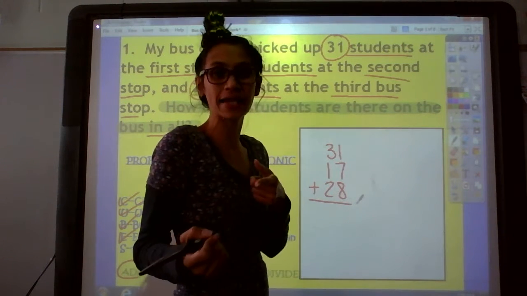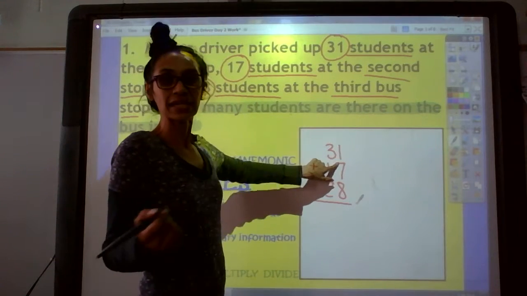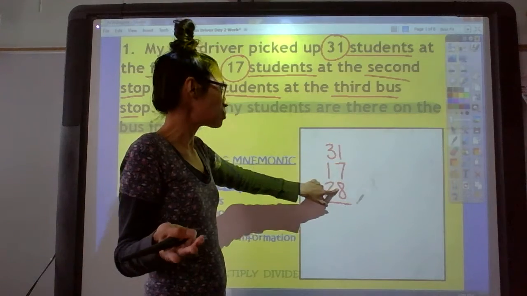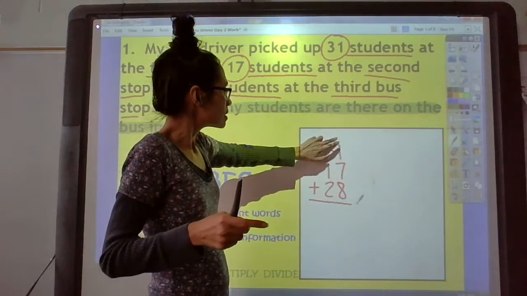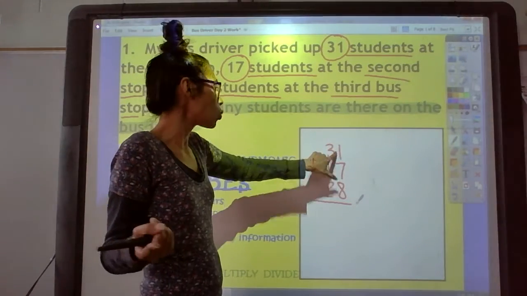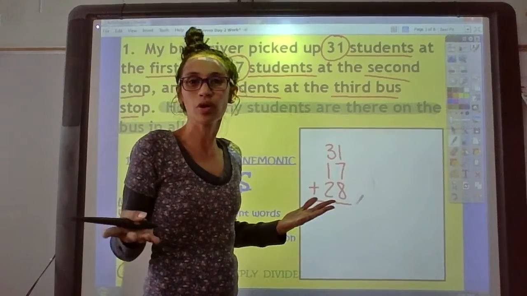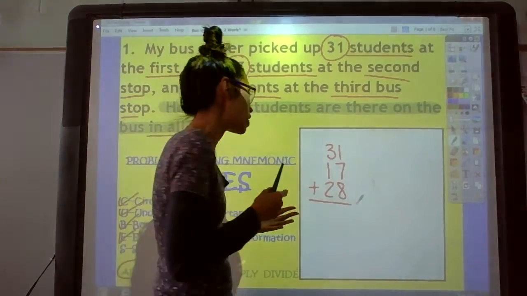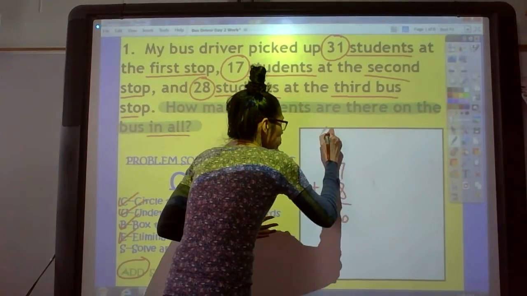Are you ready to add? Let's add. We could do 1 plus 7 is 8, and then 8 plus 8 is 16. Or we can do 7 and 8 is 15 plus 1 is 16. Or 1 and 8 is 9 plus 7 is 16. Either way, if you know your addition facts, you can add that really, really well. So that was 16. Write the 6. Now put a plus 1 up here.